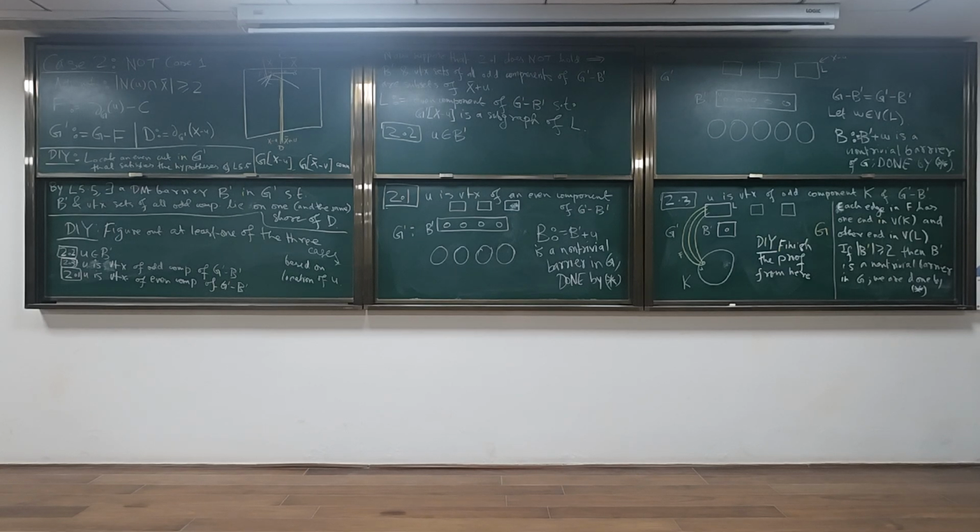Then why it should be disconnected. So there's only one issue. You should use somewhere the entire proof. Somewhere you should use not case 1. So that is the small detail.